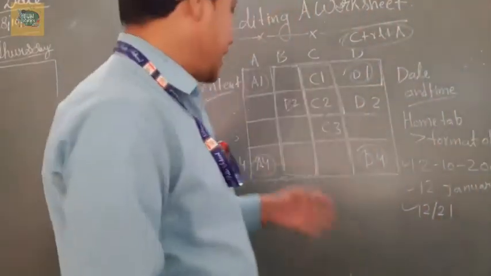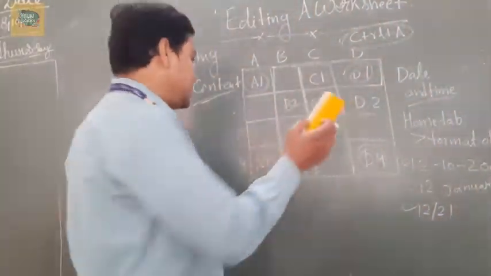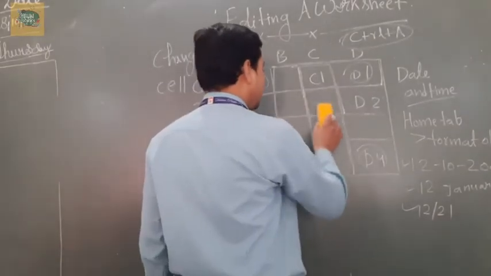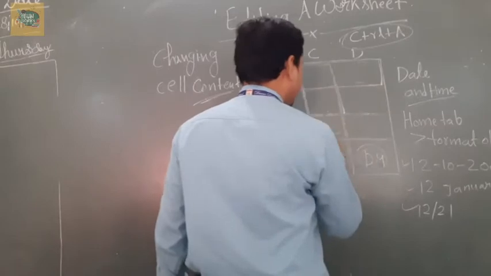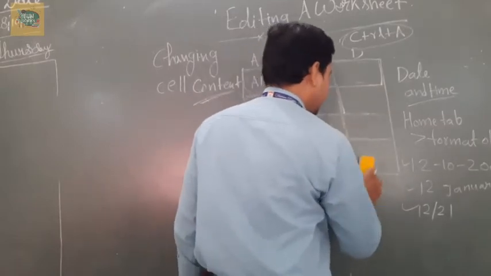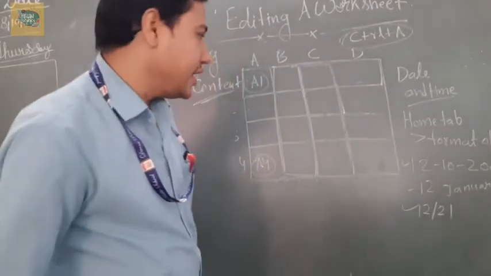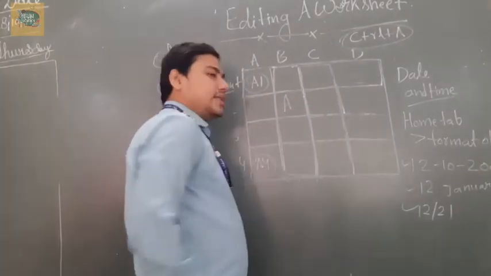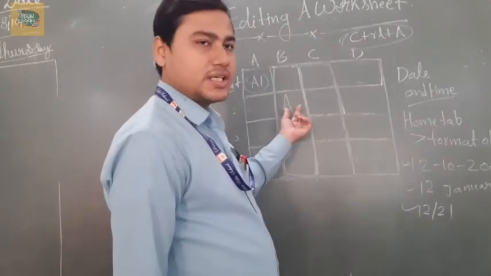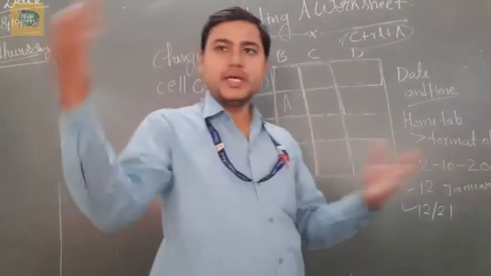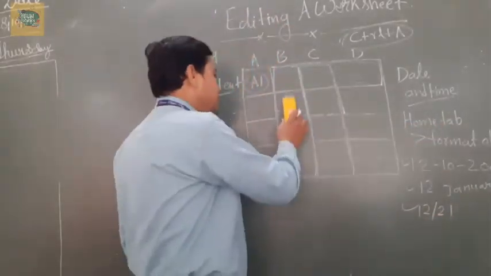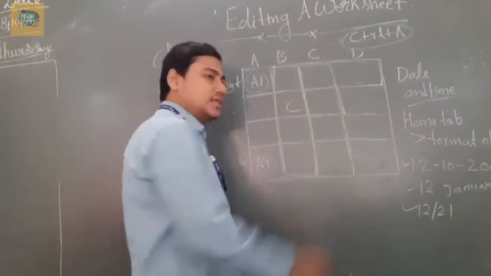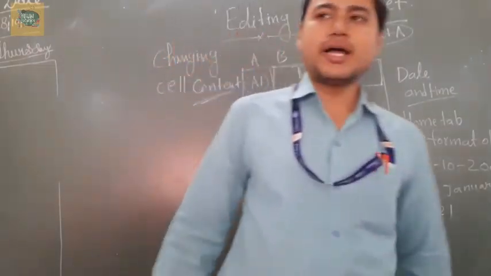Suppose here is a cell, and I write A inside of this cell. Now if I want to change this A to B or C, then what I have done?